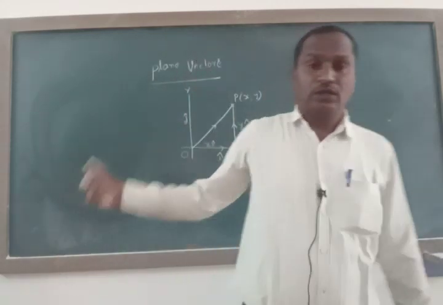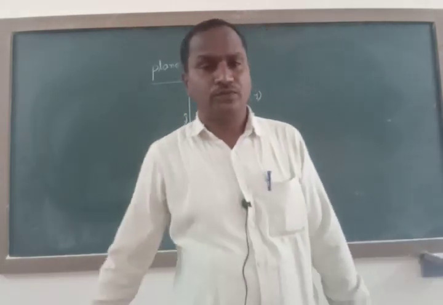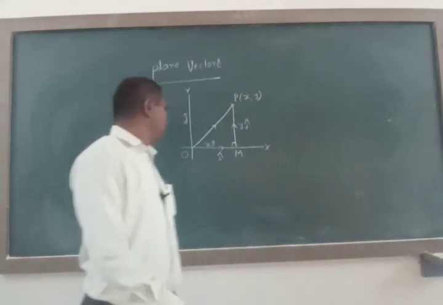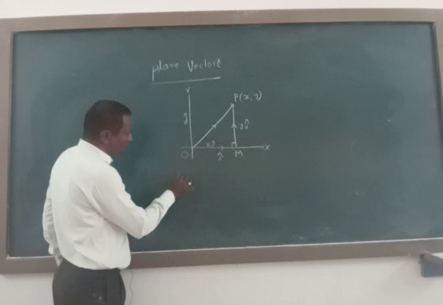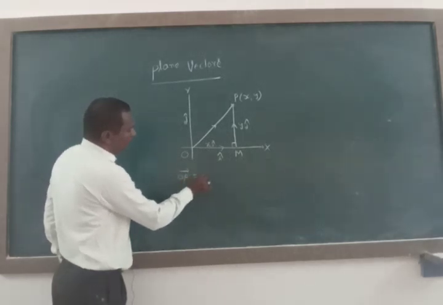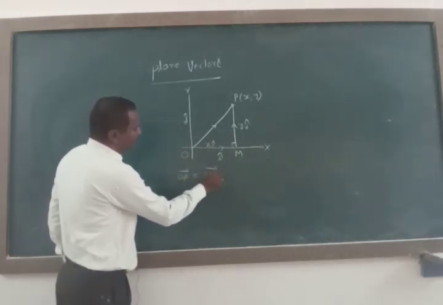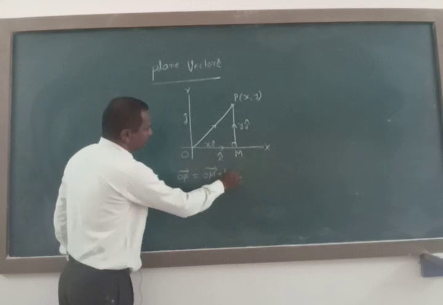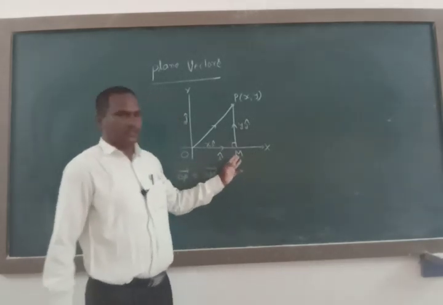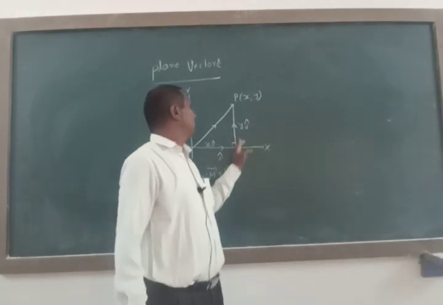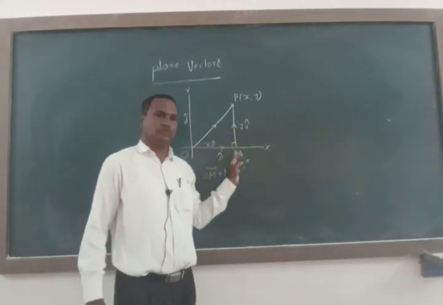Now, according to the triangle law of addition, we can write OP bar is equal to OM bar plus MP bar, because in triangle OMP, M is the initial point for MP and the terminal point for OM.